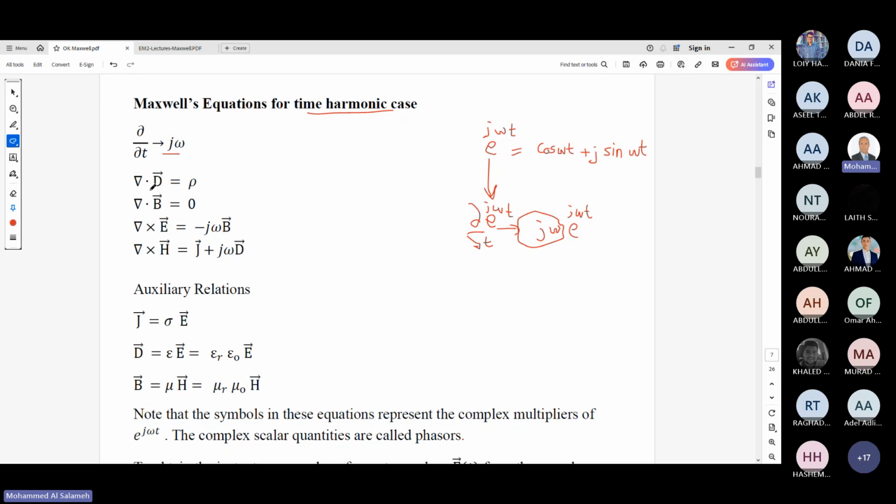We have del dot D equals rho v. Here we do not have d by dt, so it will be the same, but this will be frequency domain, not time domain. I will correct here also.